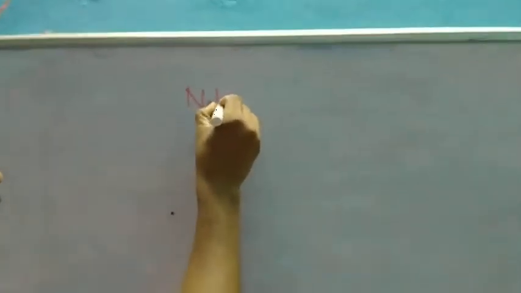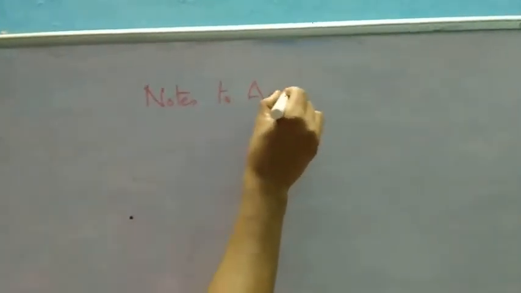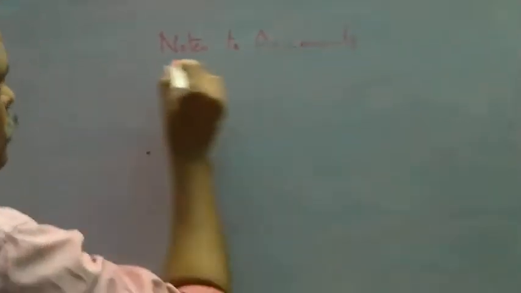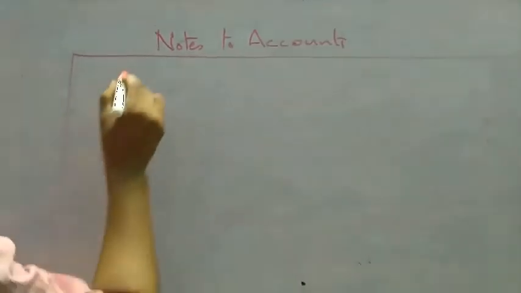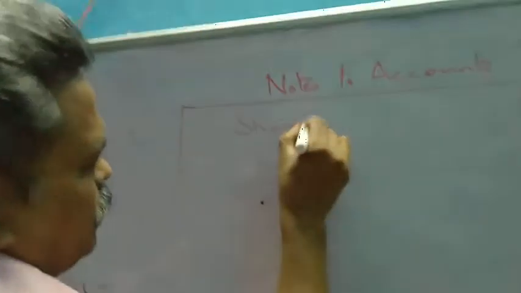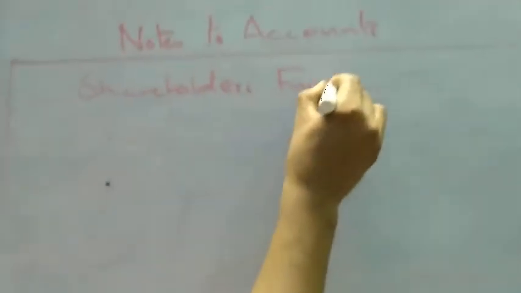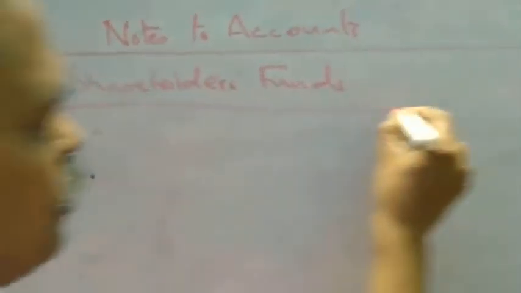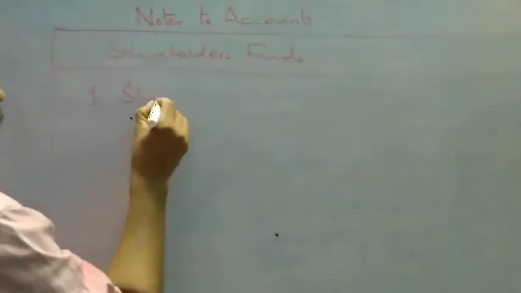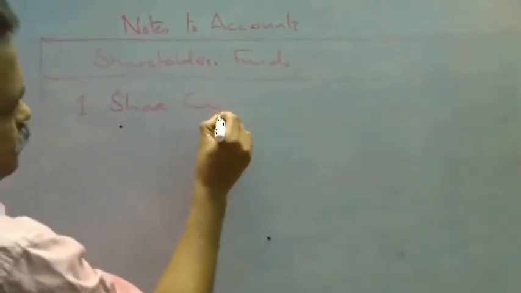So you already studied how to make the balance sheet. You write notes to accounts first. First one is shareholders funds. That we are going to prepare. Under that, first heading number 1, share capital.